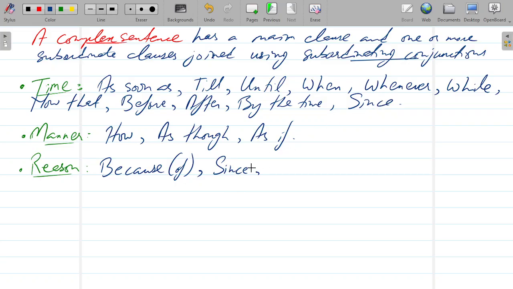And so obviously the usage will determine what meaning they're giving. They're not the same. As, so that, and in order to.